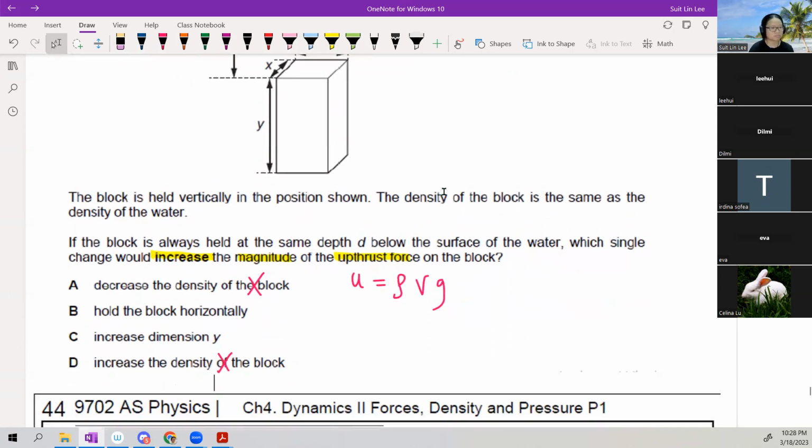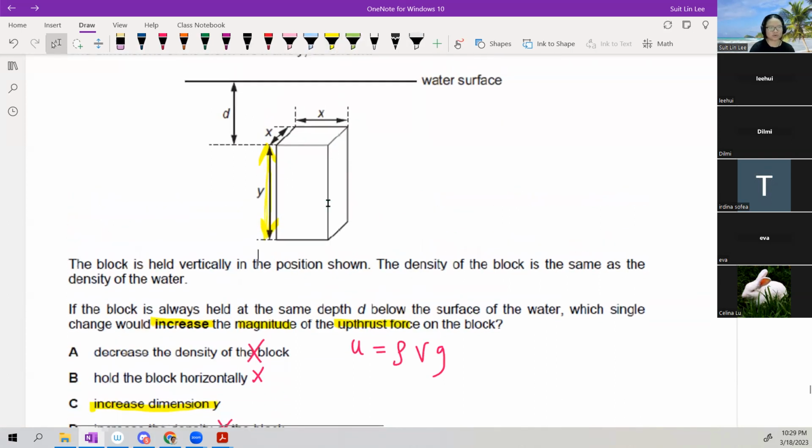Okay, sure. Hold the block horizontally, it's not going to change anything. Increase the dimension of y. Make the block longer. I'm assuming if you keep the dimension of y longer, you don't change x, right?